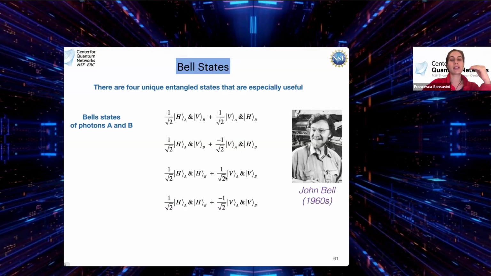And we also have HH plus or minus VV, always normalized by square root of 2. So this is what we call polarization Bell states, and we will see more of them, especially in part 3, when we talk about applications of photon entanglement.